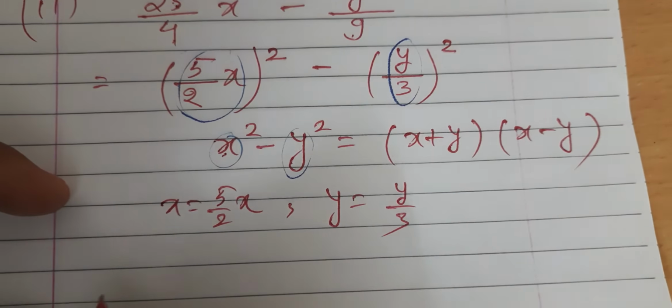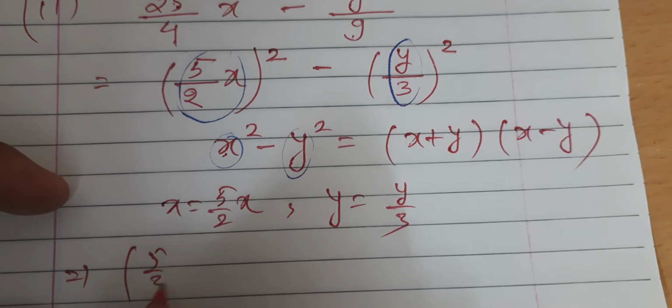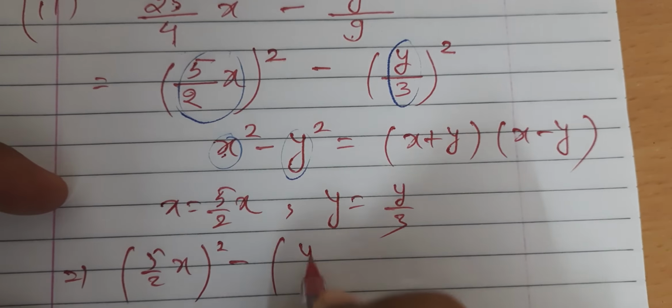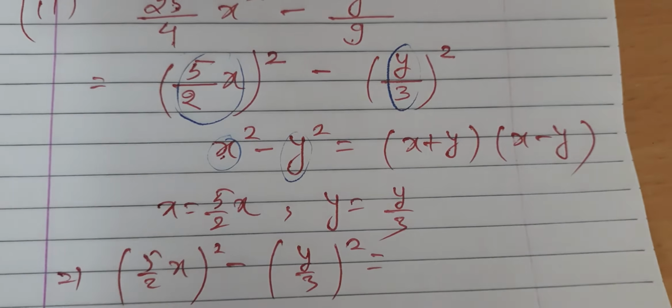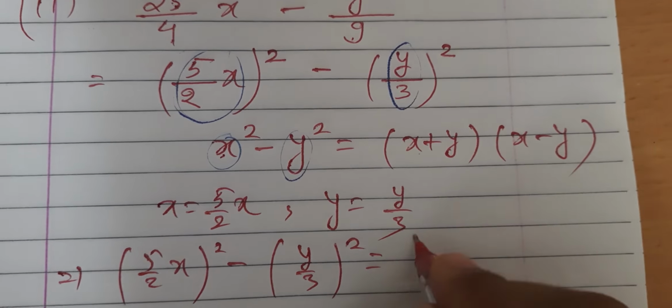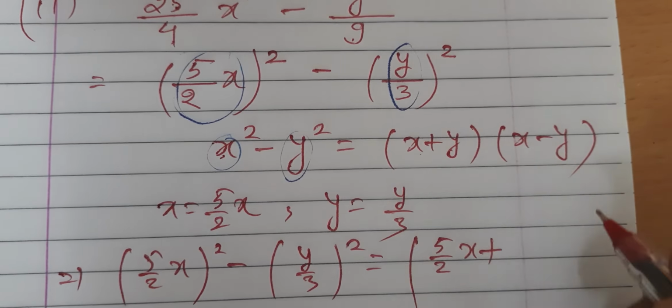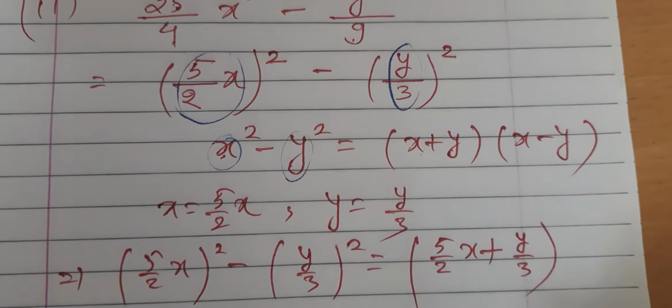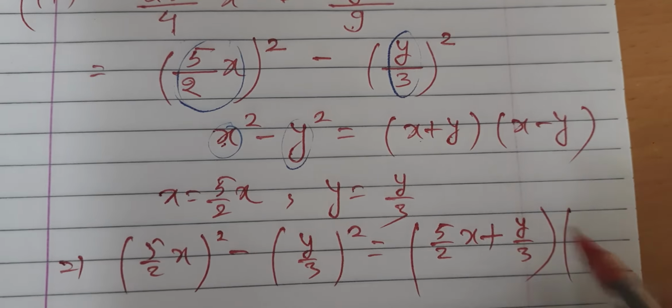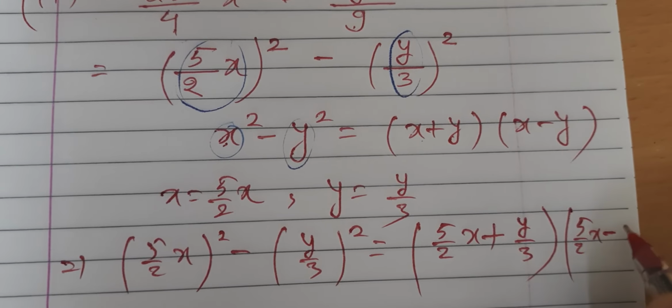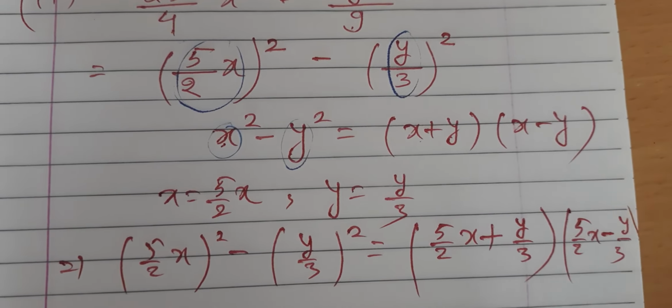So 5 by 2x the whole square minus y by 3 the whole square can be written as x plus y, x means 5 by 2x plus y by 3, and x minus y, x means 5 by 2x minus y by 3.